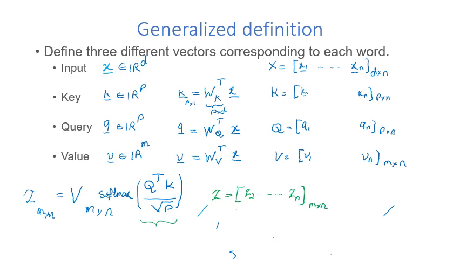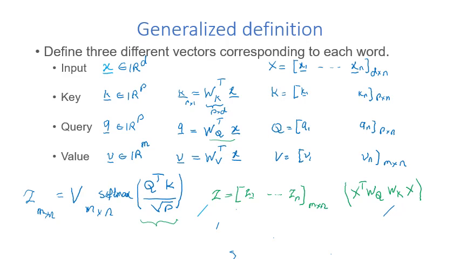So in this particular case, our Q is WQ times X. And I have the transpose of that. It's basically X transpose WQ, right? And K is WK X, which is N by N matrix.